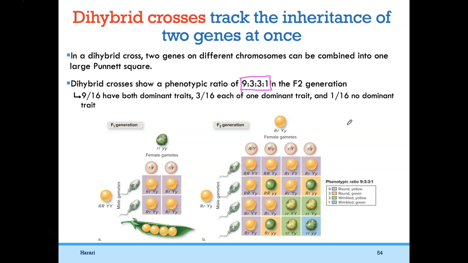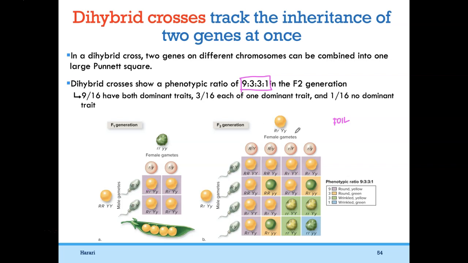You might be familiar with the term FOIL from multiplication, from algebra, F-O-I-L, and it stands for first, outer, inner, and last. And this is an easy way to think about how the gametes can form when you look at a dihybrid like this.